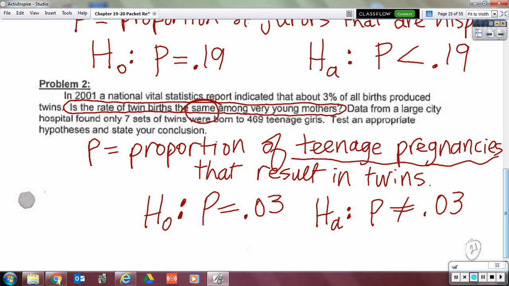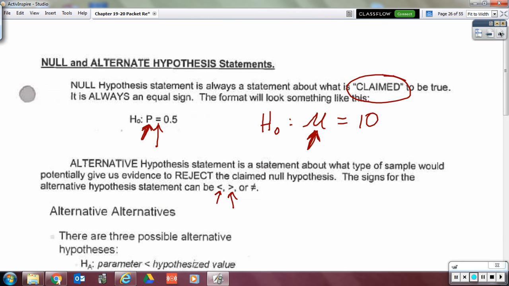Not equal to? Okay, the reason I know that it is the not equal to is because the question said, is the teen rate the same as the other one? Yes, and if it would say, is it higher or lower or something like that, it would be a less than or a greater than. Yep. Okay, good. So let's practice this some more.